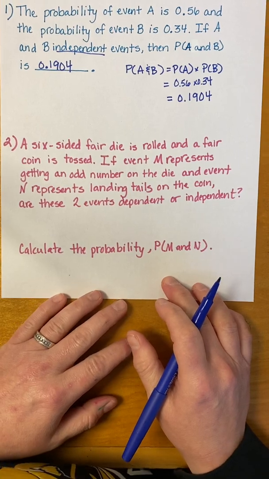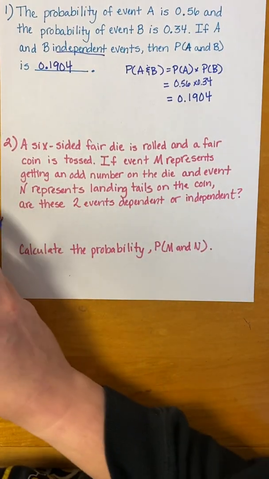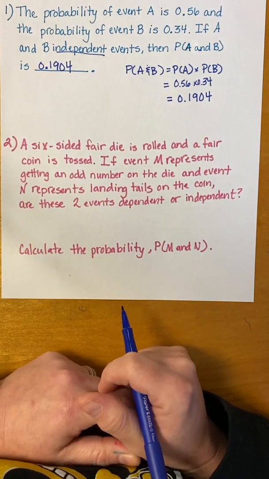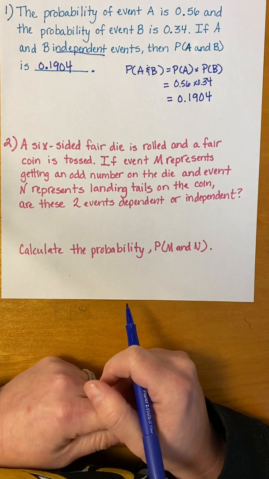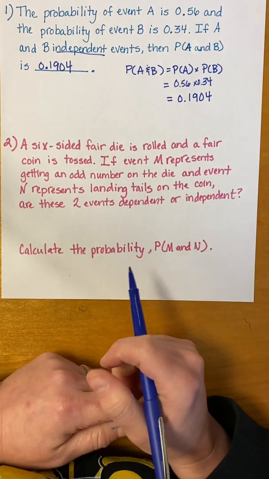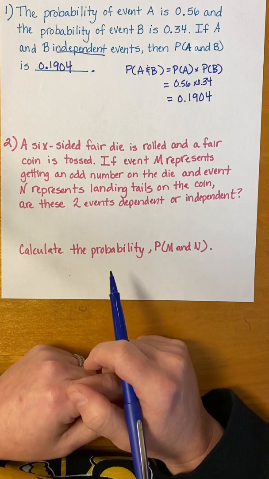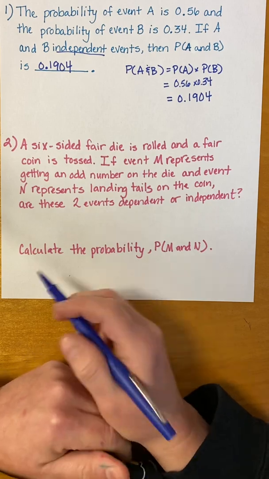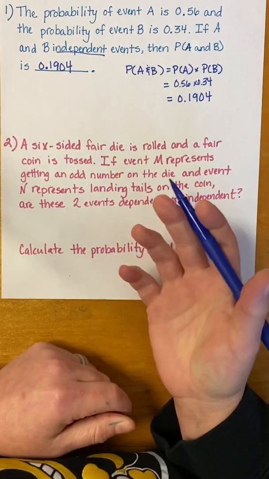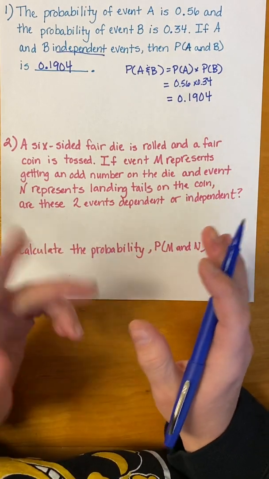A six-sided fair die is rolled and a fair coin is tossed. If event M represents getting an odd number on the die, and if event N represents landing tails on the coin, are these two events dependent or independent? And then they want us to calculate the probability of M and N. So when I roll a die, does it in any way, shape, or form affect what's going to happen when I flip a coin?